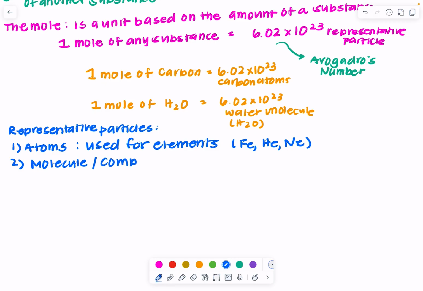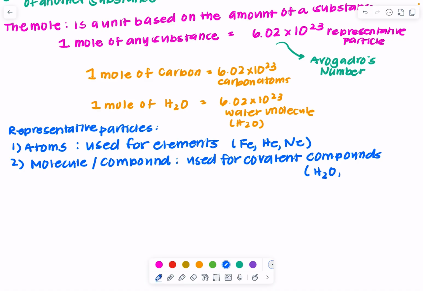You can use those interchangeably. These are used for covalent compounds. So remember, 2 nonmetals make up covalent compounds. This is like H2O, CO2, CH4.